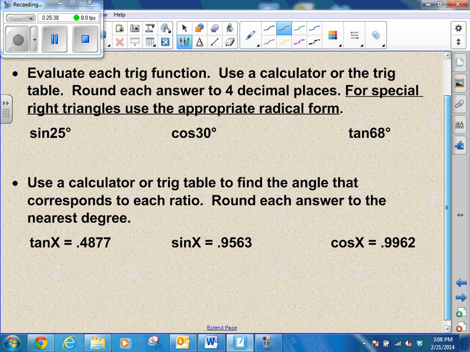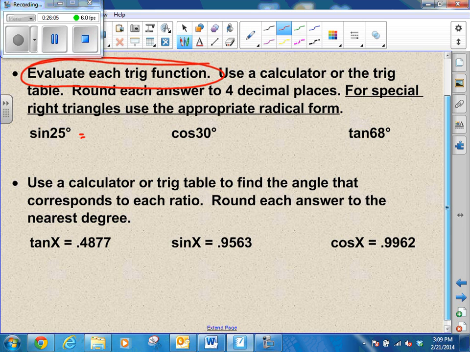All right, calculator. Now, we're going to mess with the calculator, but you got to take notes as well, okay? So, it says to evaluate each trig function. What 3 things do you have to have for a full trig function? A trig function, an angle, and a side ratio as a fraction or a decimal. Okay?